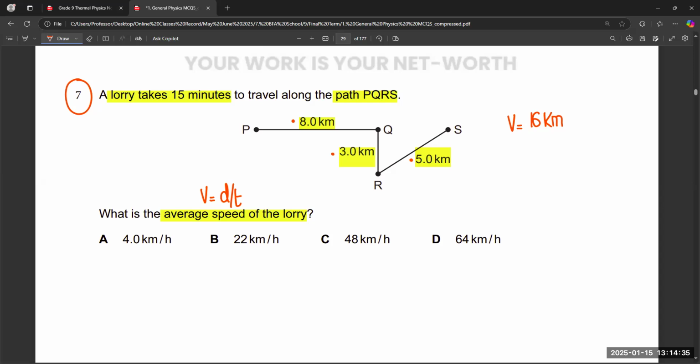And secondly, if we talk about the time, time is given in minutes. So now we need to convert this time into hours, right?